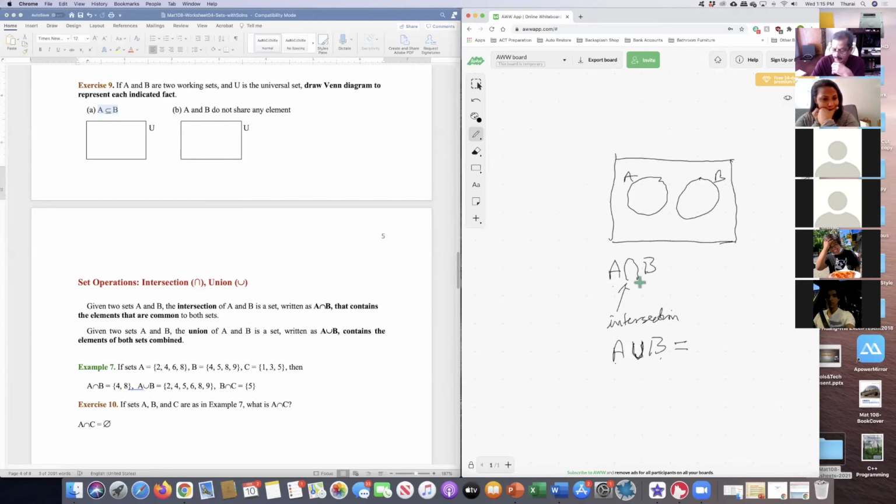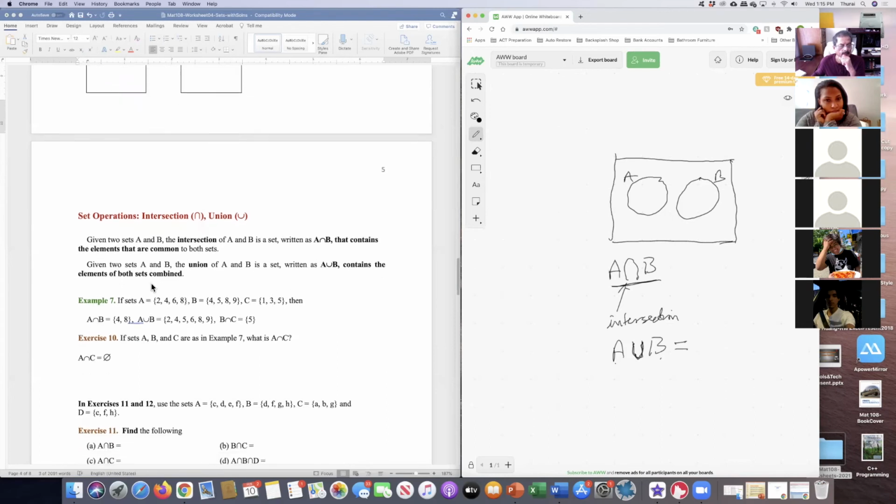A intersection means finding the common elements between the two. So both operations will produce a new set. If it is intersection, the new set will have all the elements that are common to A and B. If it is union, the new set will have all the elements that are in A and B combined. So let's do an example.